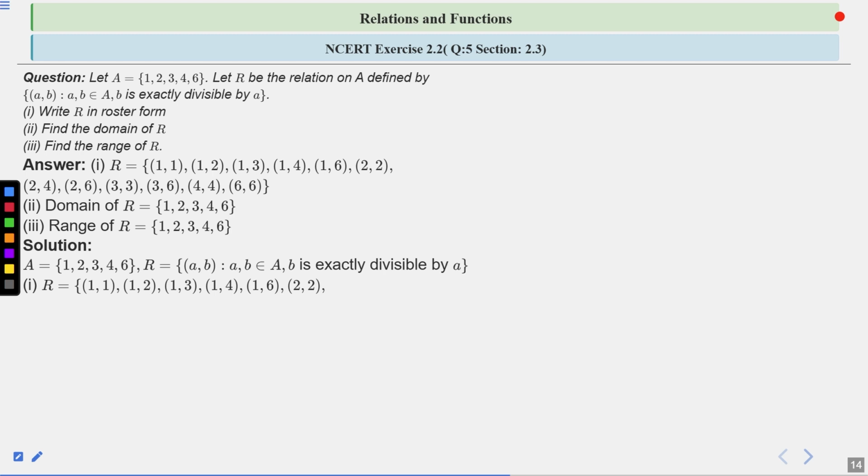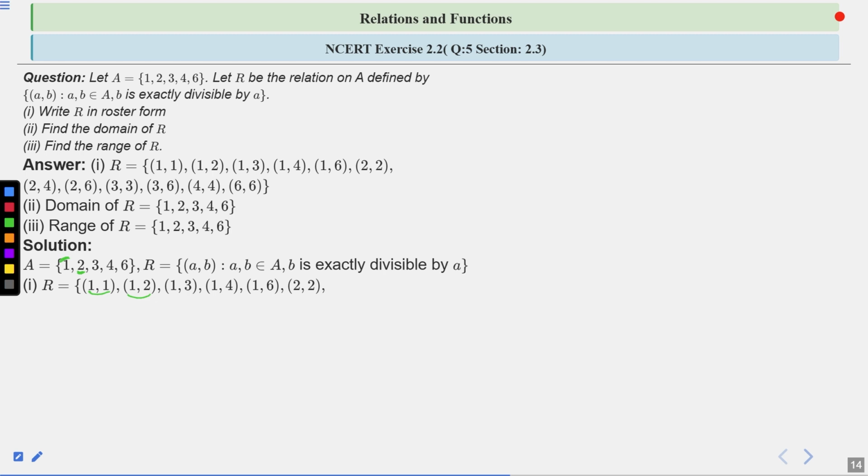Starting with this, take your a as 1. What are the numbers which divide this number exactly? 1 is the only number which divides itself. So (1, 1). Now what about 2? What are the numbers which divide 2 exactly? 1 and 2 itself.